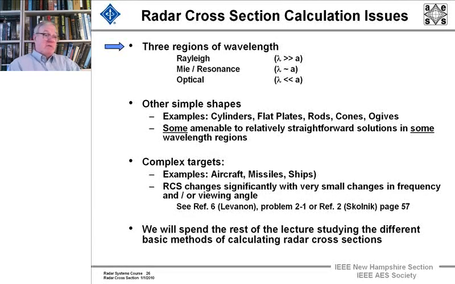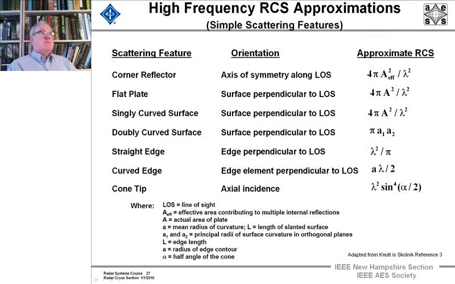And I showed you, I gave references and I showed you pictures of that. And we're basically going to spend the rest of the lecture studying the different basic methods of calculating radar cross-section. Now, at high frequencies, we can make some approximations and get good approximate RCSs, cross-sections, of these kinds of objects.